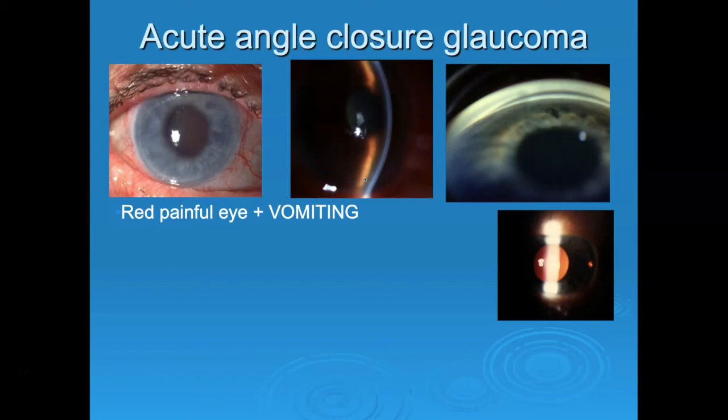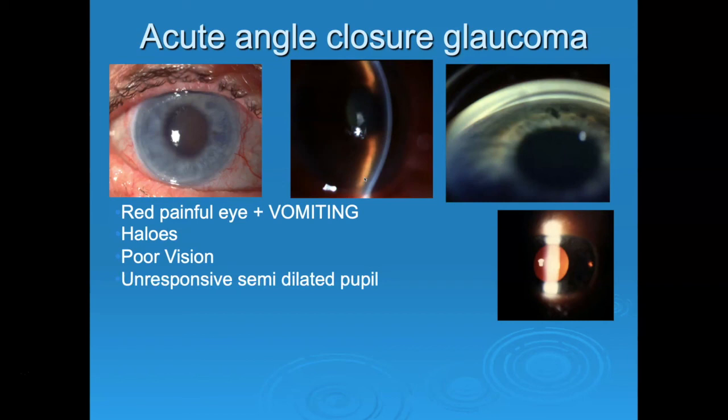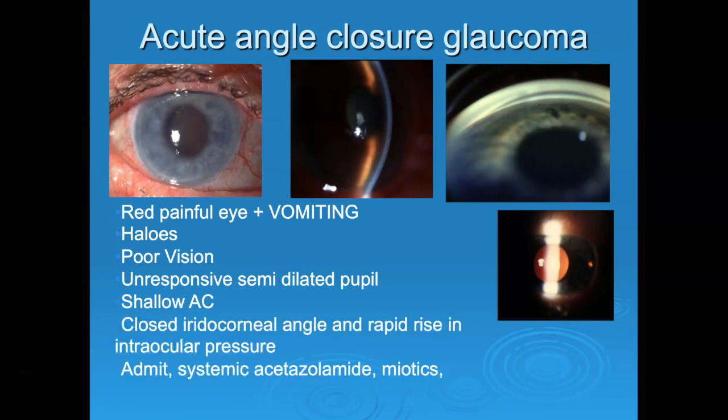If you do not, then you should be guided mainly by the symptoms of red eye, vomiting, headache, halos, and reduced vision. The pupil is often semi-dilated, it's not perfectly round, and won't react to bright light. It's treated by making a tiny little hole in the iris, usually with a laser.